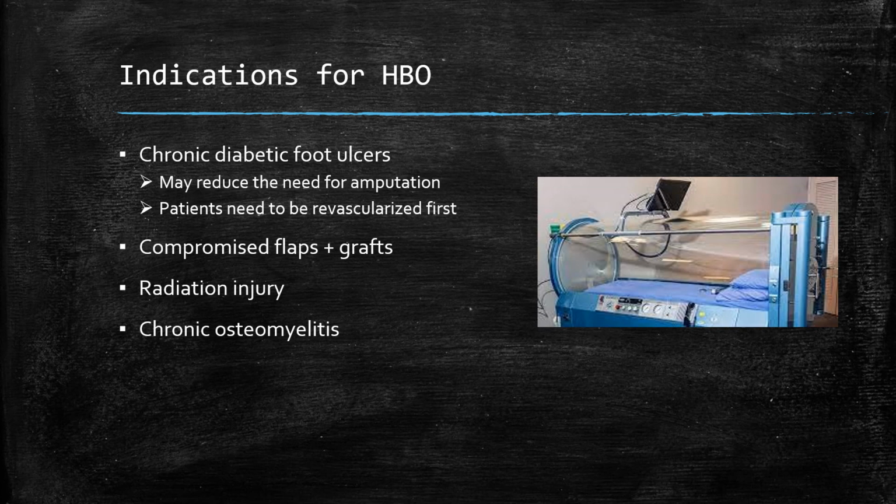Appropriately chosen candidates do seem less likely to require a future amputation. Other less common indications for HBO include compromised flaps and grafts, radiation injury, or chronic osteomyelitis.